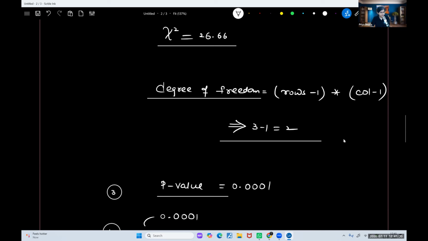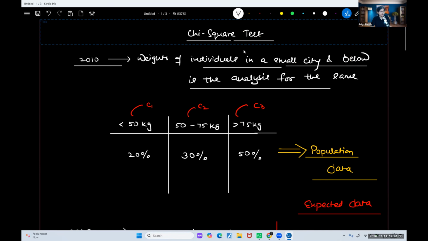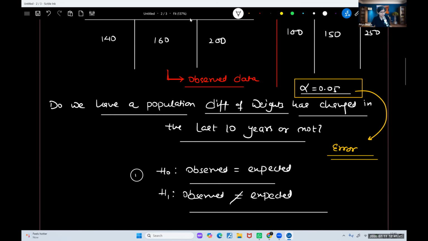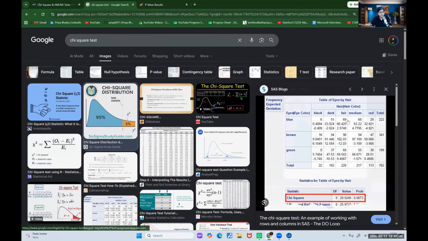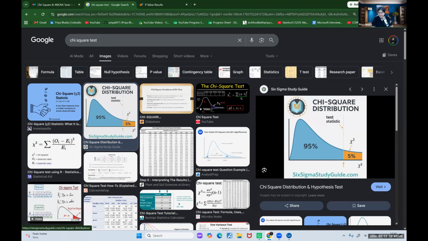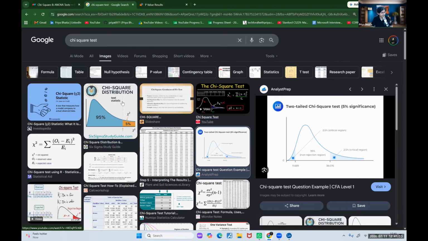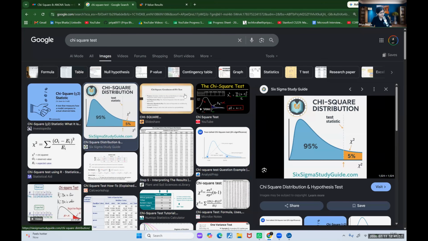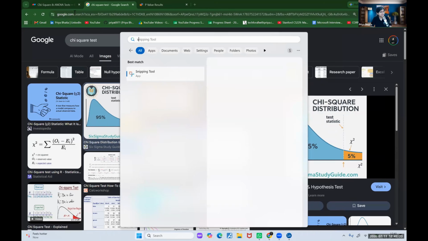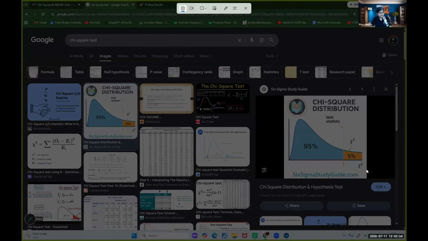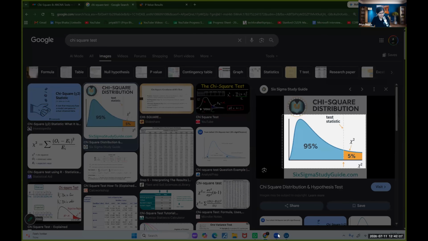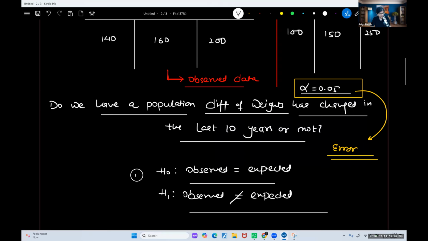One more thing: by default, when we talk about the chi-square test, let me show you the distribution. Can everybody see how the chi-square distribution looks? We have learned this in our statistics classes.